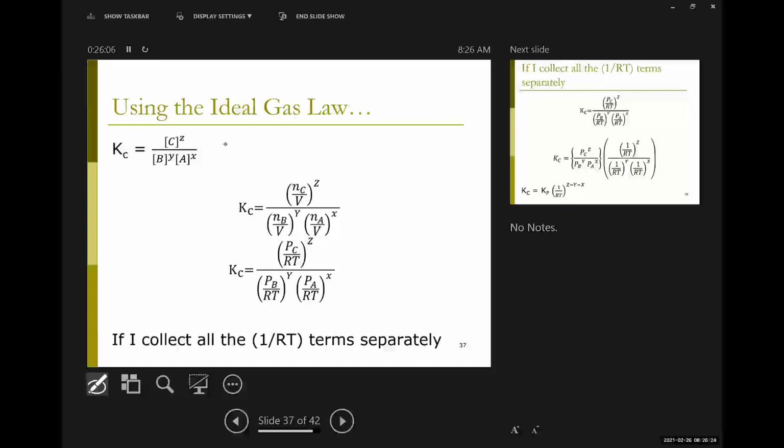Again, most frequently I measure pressures for gases. And so typically what I would know up front in this problem is the pressure, not the molarity. And so if I wanted, like in the last problem, to calculate Kc, I have to get the molarity from the pressure. How? Pressure divided by RT. But what I really have is a whole bunch of RT terms that I could take out.